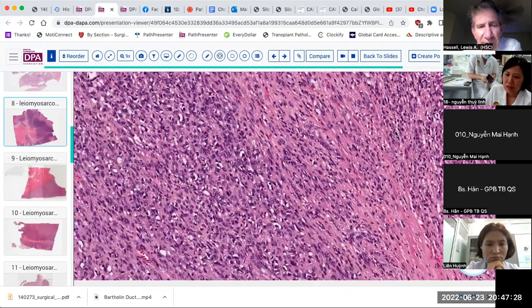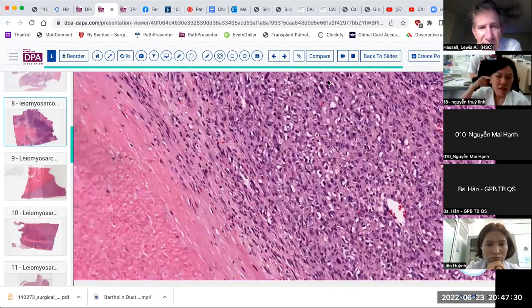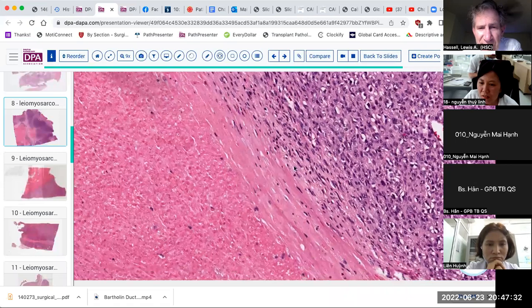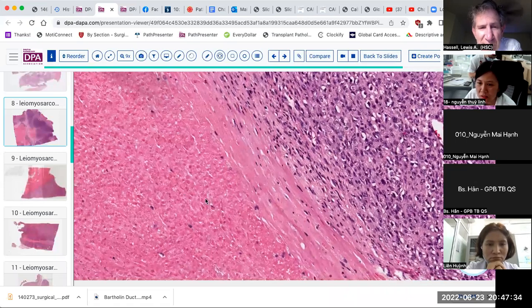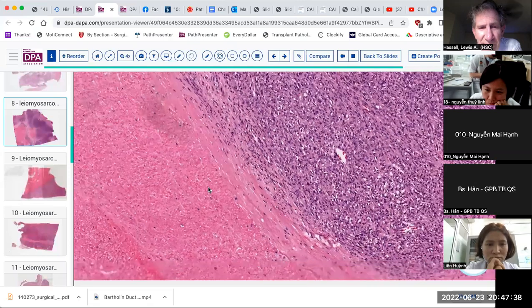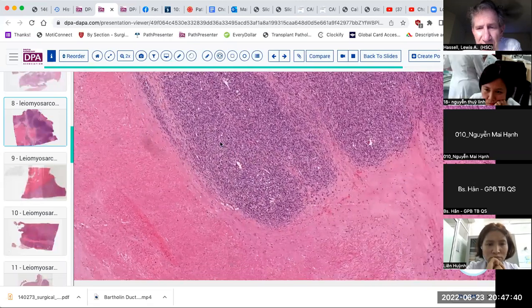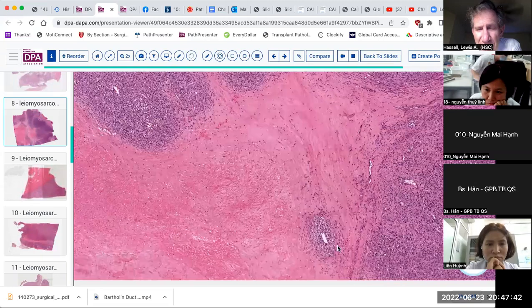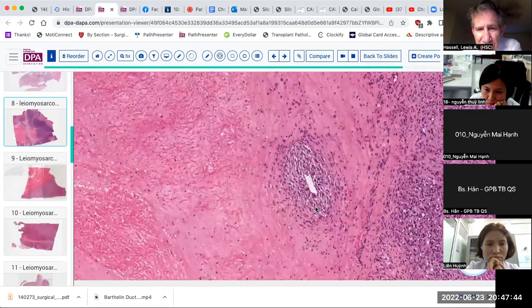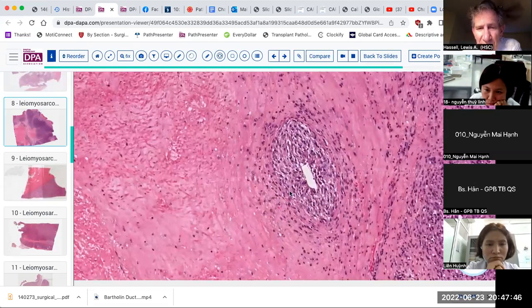Now, looking at the necrosis, this is a little bit of a pale zone, so this may be more the infarct type necrosis in this area. Here's a preservation around a vessel.